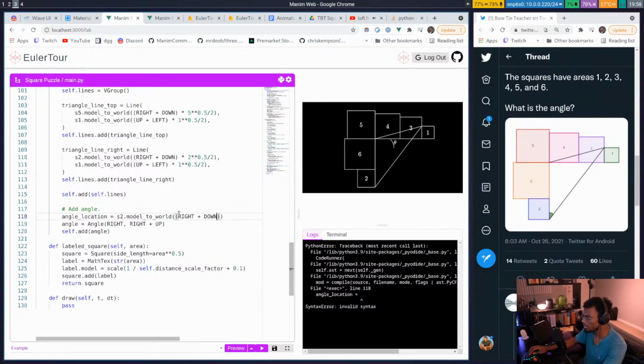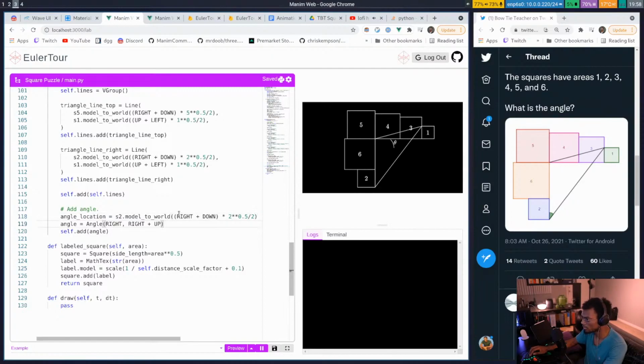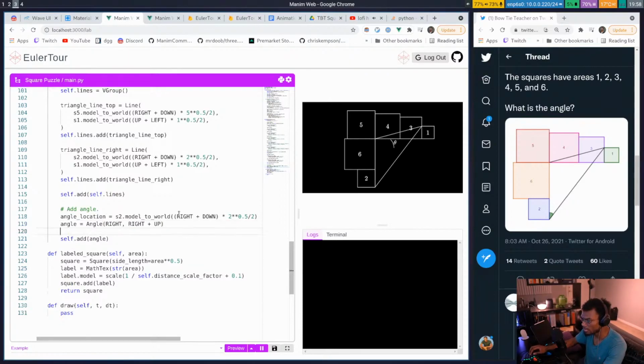Right plus down times 2, square root of 2, over 2. So this angle, right and right plus up, won't be correct. It won't be the correct place, but I'll do angle.model. Okay, so that moved the angle there.